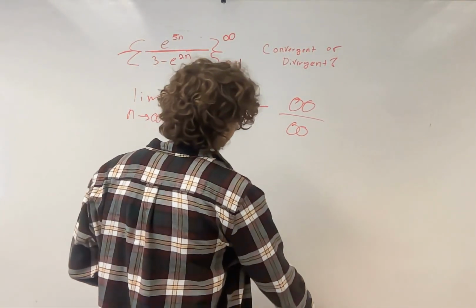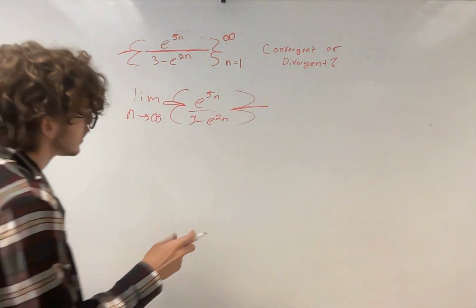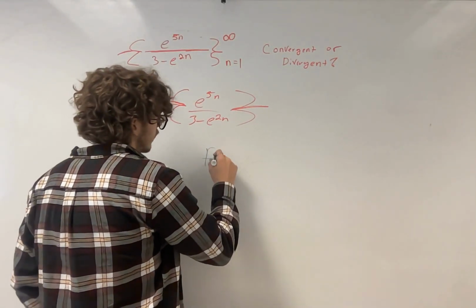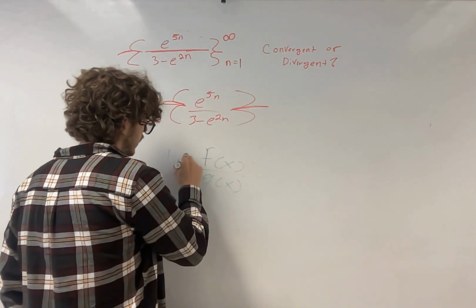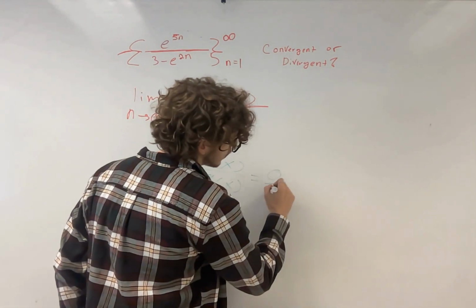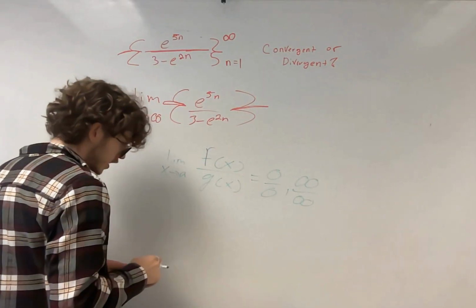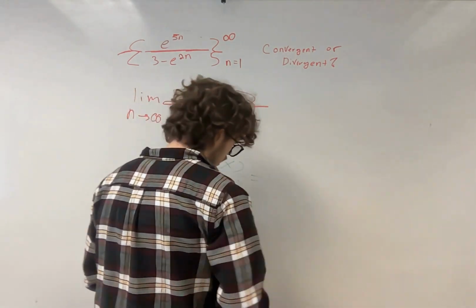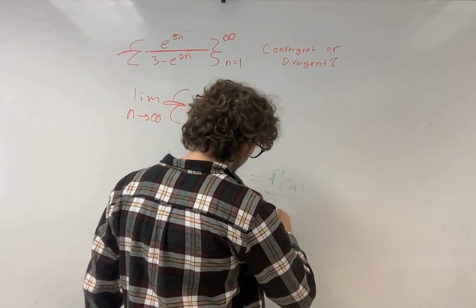So let's use a rule known as L'Hopital's rule. In case you haven't learned it, if we have a function over another function and we're asked for the limit as x approaches some value a, and we get an output that's 0 over 0 or infinity over infinity, we can rewrite this as f prime of a over g prime of a.